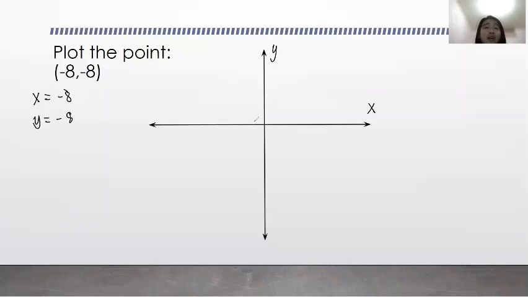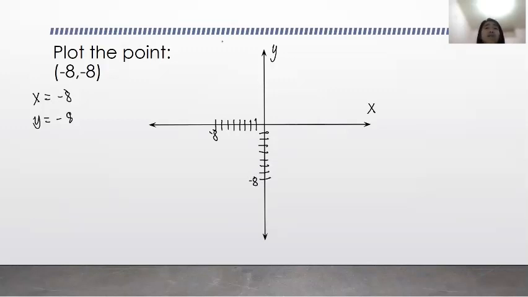So we have here 1, 2, 3, 4, 5, 6, 7, 8, -8 for x. And for the y, we have -1, -2, -3, -4, -5, -6, -7, and -8.